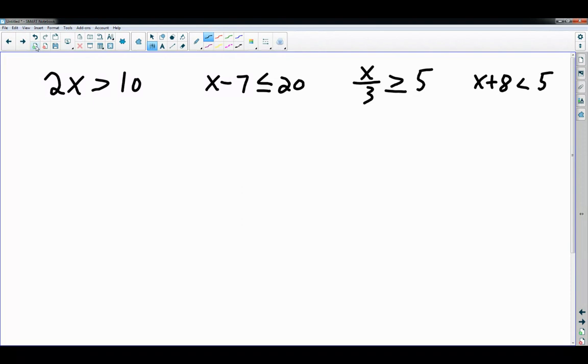Now, in each of these cases, solving it is going to work just like solving an equation.